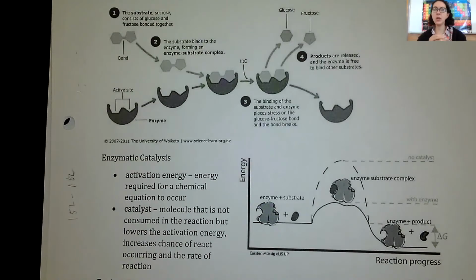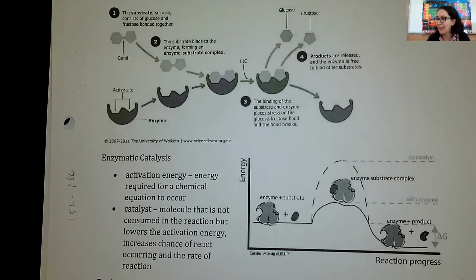Enzymes physically grab molecules and put them in the correct configuration to make that process more likely, which means you need less energy of motion and randomness in order to make this reaction happen. Biological enzymes are the best catalysts that exist.